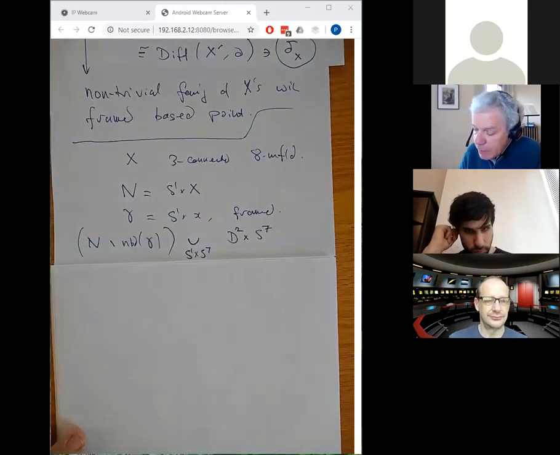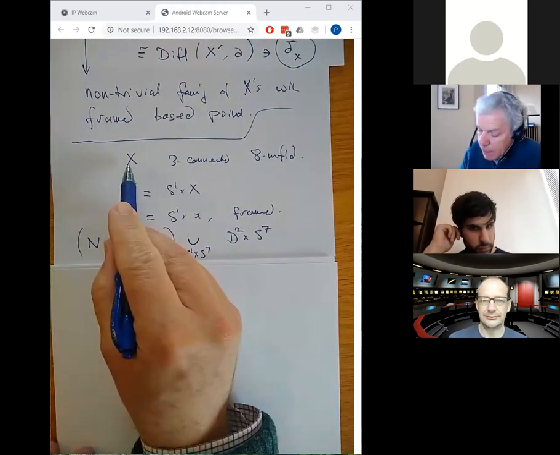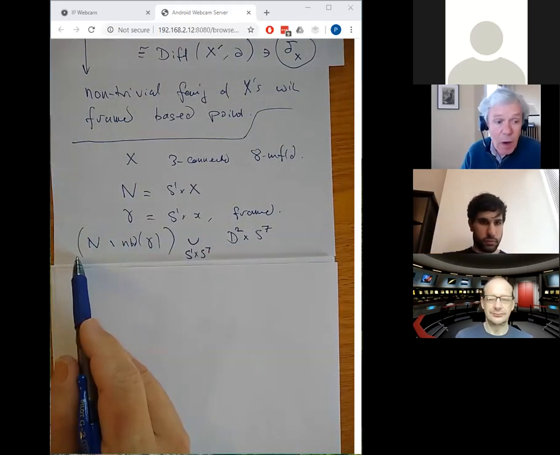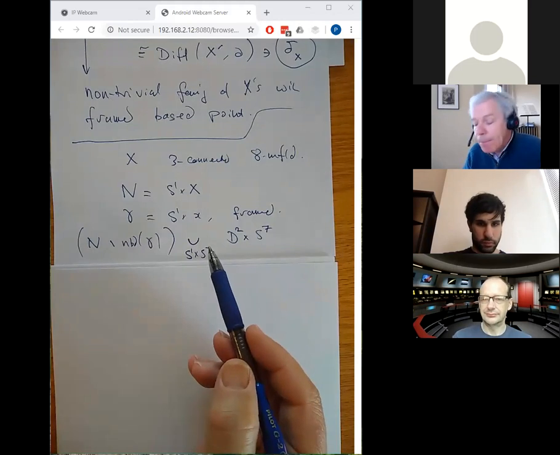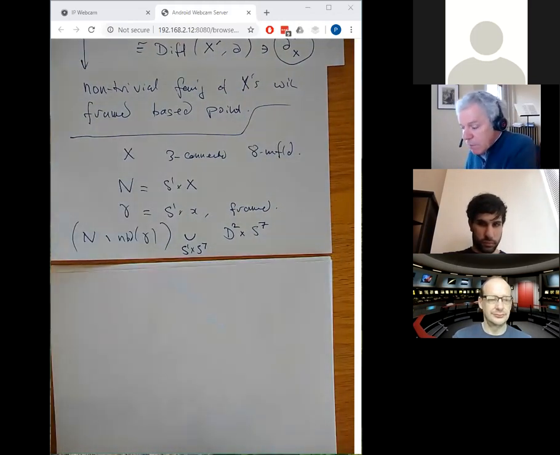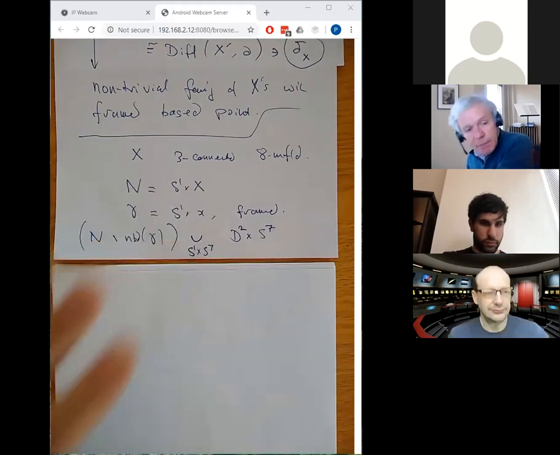Something really neat happens if X is a homotopy sphere, because then this new manifold, the surgery on N, is also a homotopy sphere, but of one higher dimension. So this is a known recipe for producing a 9-dimensional homotopy sphere.